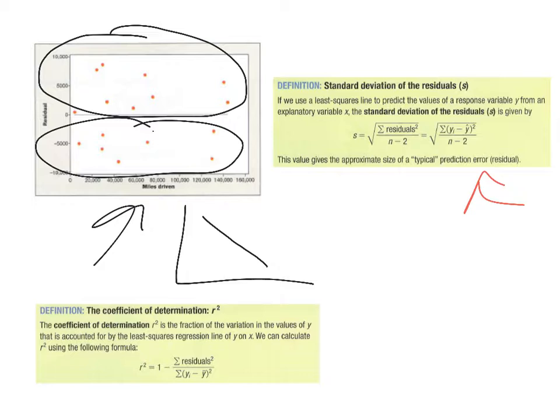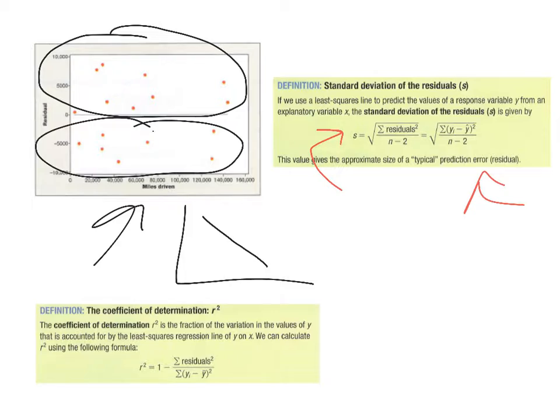So we've got our formula here for calculating standard deviation of the residuals. We will be doing this in our calculator, or it will be given to us. More often in the beginning here, it will be given to us, and we won't really worry about having to calculate it until later on.